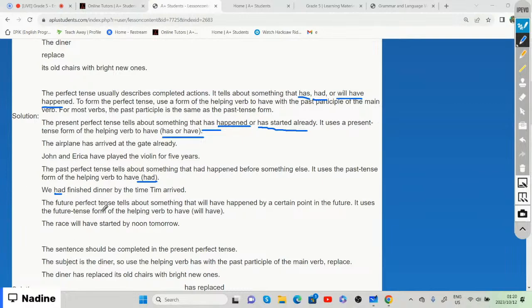It uses the future tense form of the helping verb, which is will have. The race will have started by noon tomorrow. And there we have will have in that sentence.